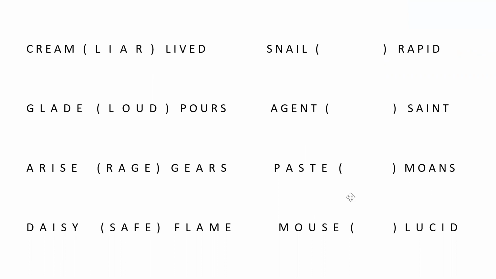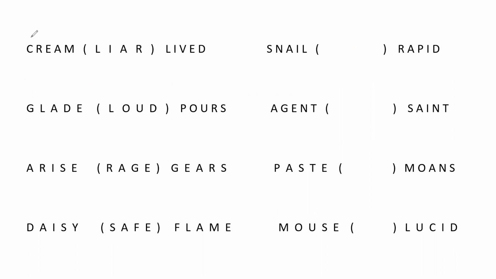What we need to do is we've got a question. We've got 4 questions here. Question 1 is this one at the top. Cream, liar, lived, snail, blank, rapid. We need to figure out which word goes here. Okay, and the way we do that is we look at this part here, and I'm going to number all of the letters outside of the brackets.